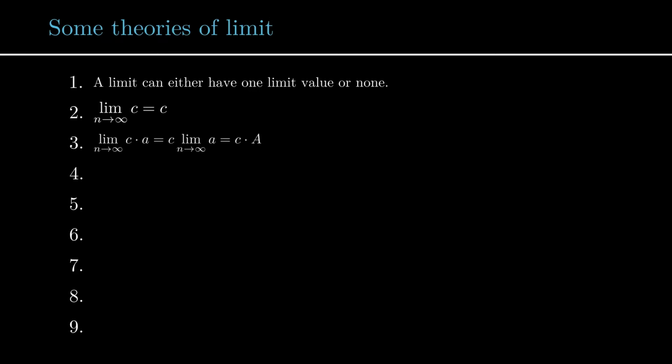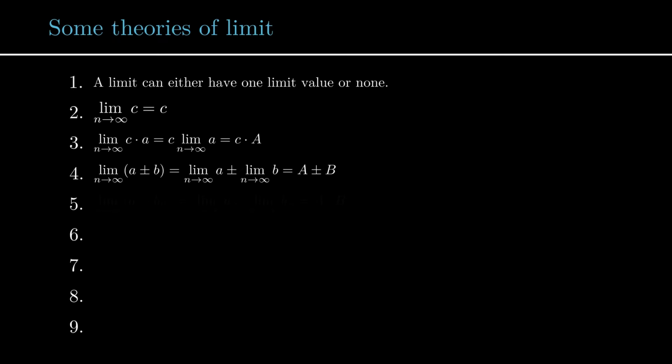In this case, a represents the limit of a_n as n approaches infinity. Number 4. The limit of a_n plus or minus b_n as n approaches infinity equals the limit of a_n as n approaches infinity plus or minus the limit of b_n as n approaches infinity, which equals a plus or minus b.